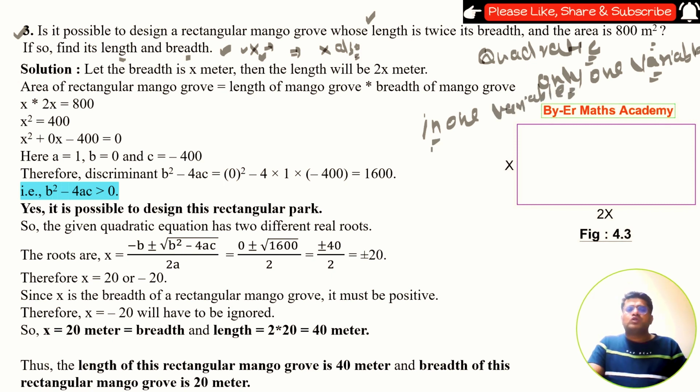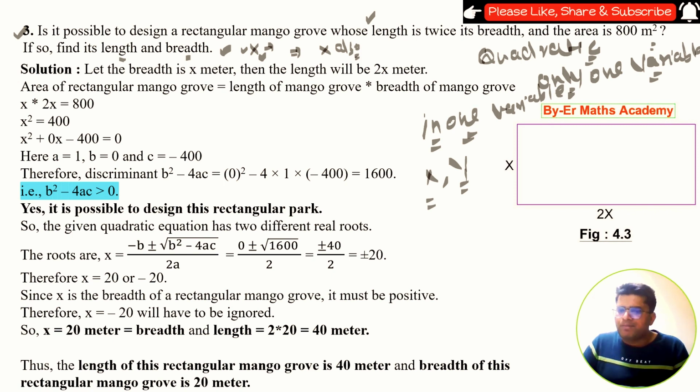You don't suppose like the length is x and breadth is y. You are not allowed here to suppose two different variables. You must suppose one variable and write the other value in the form of x by the help of the given statement.